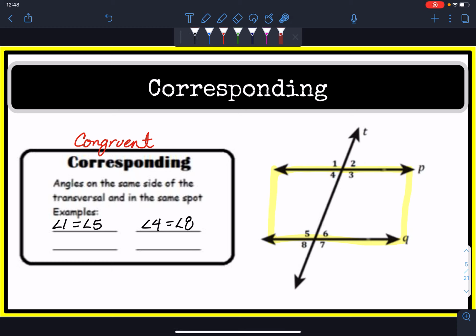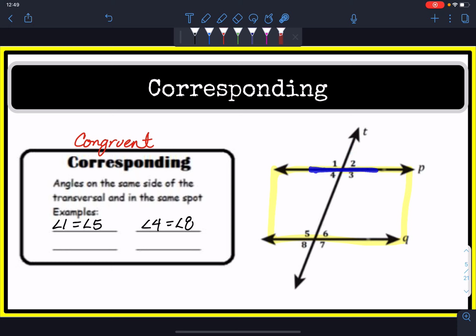And again, using this definition, angles are on the same side of the transversal and in the same spot. If we look at this angle right here, out of the 4 angles, angle number 4 is on the bottom left-hand side of the transversal. Angle number 8 is in the exact same location, bottom left-hand side of the transversal. So that's another perspective of thinking about what corresponding angles are. If I look, angle number 2 is on the top right-hand side of the transversal.